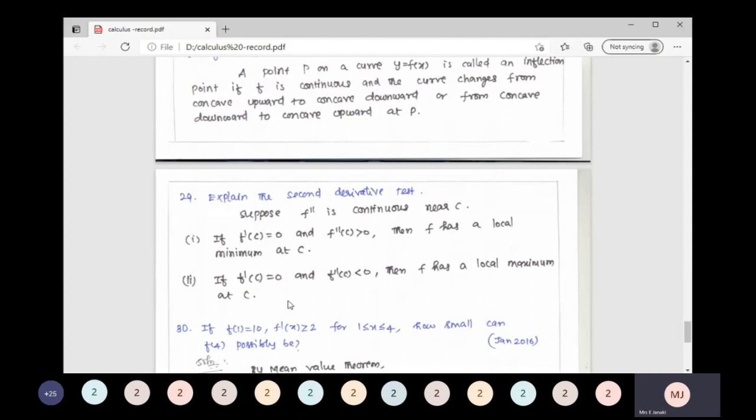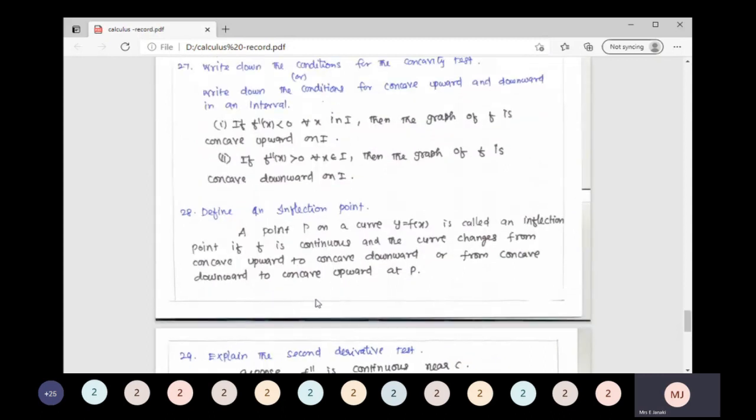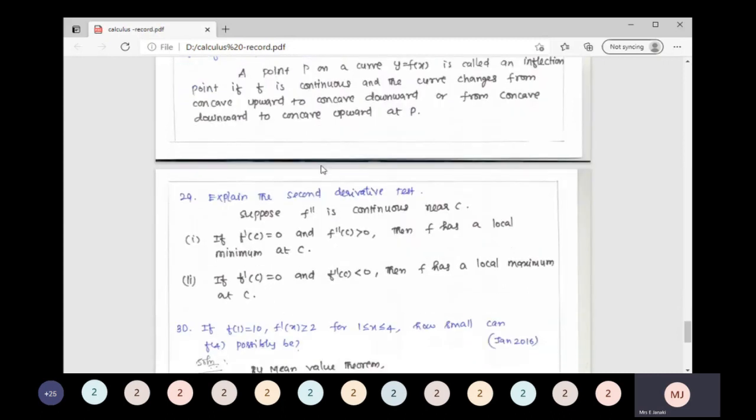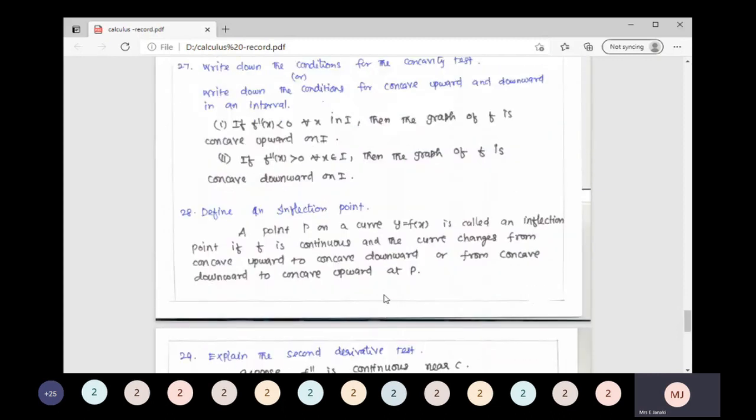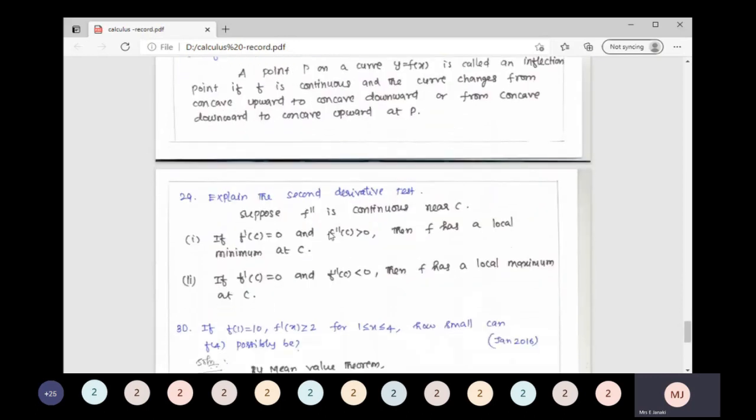We have already seen concave upward and downward. If the second derivative f double dash of x is less than 0, then f is said to be concave upward, and f double dash of c less than 0 means the function has a local maximum.